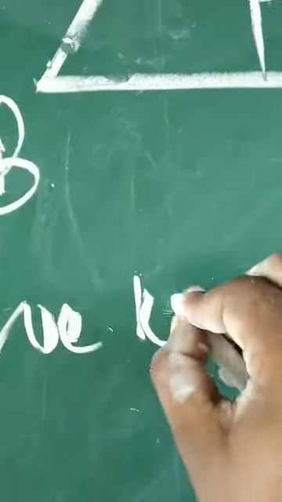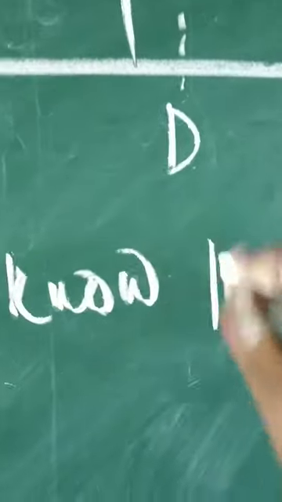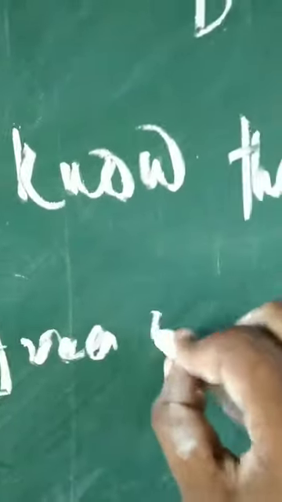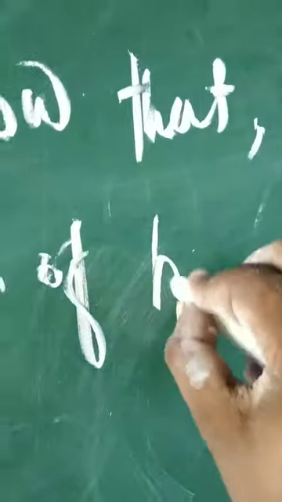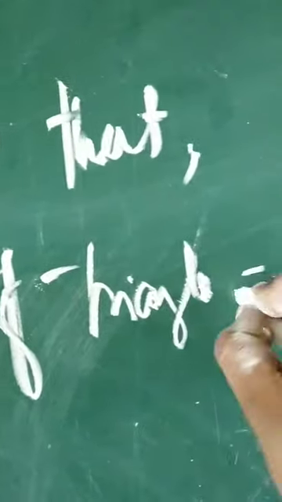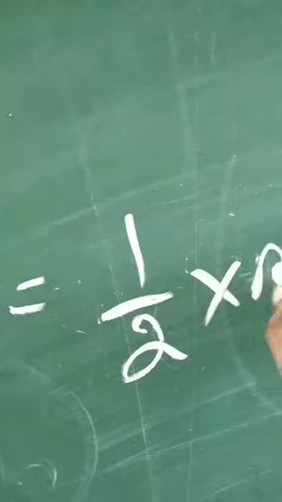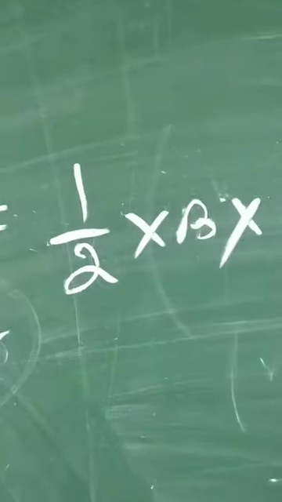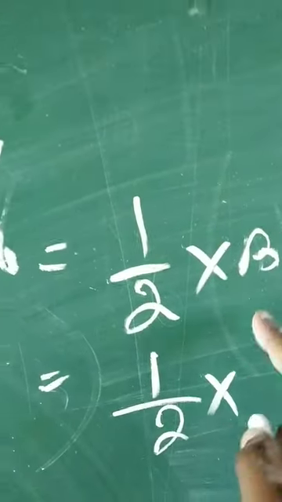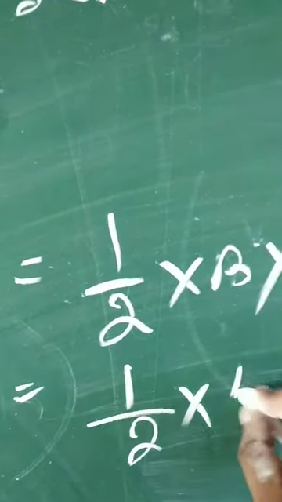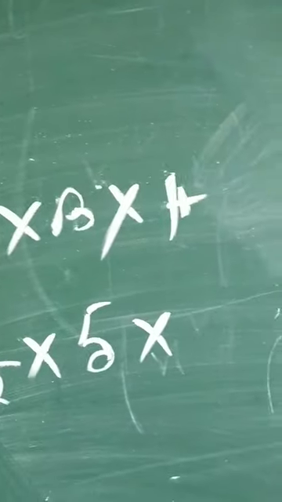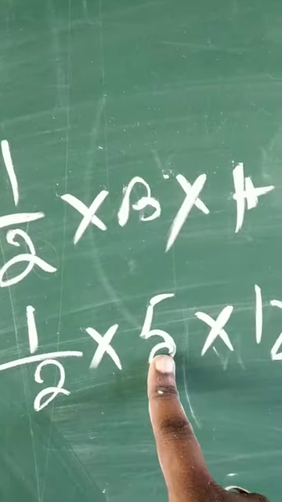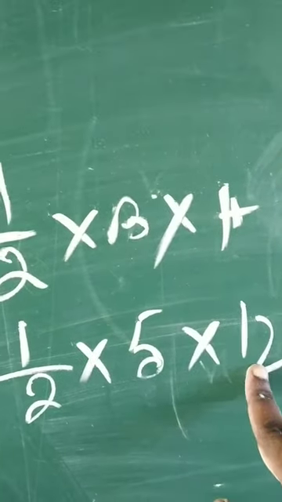We know that area of triangle is equal to half into base into height. Half, base is 5, height is 12, because base is AB and height is AC.